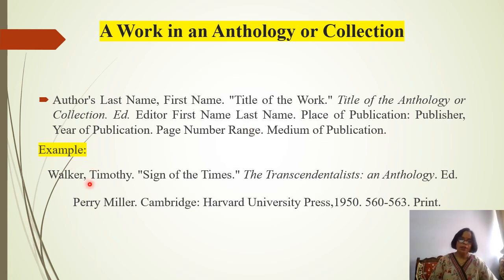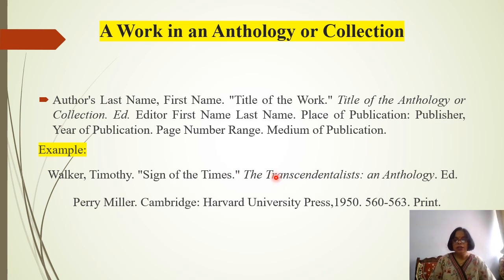So example, like Walker Timothy. Okay, so the name is Timothy Walker. First of all, we have taken the last name, that is Walker, and then Timothy, stop. Signs of the Times in inverted commas. This is the name of the article which Timothy has written and from where the work has been cited.